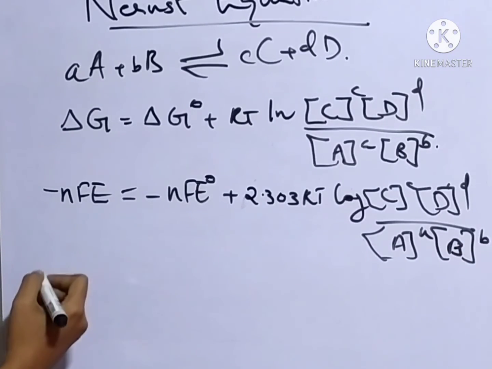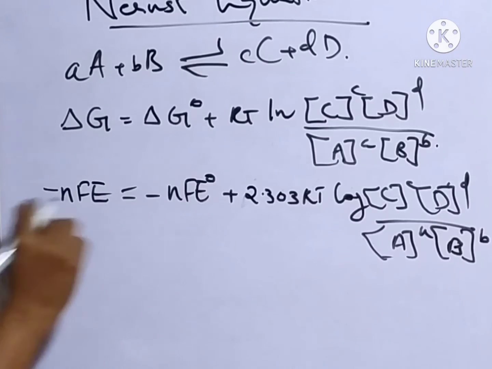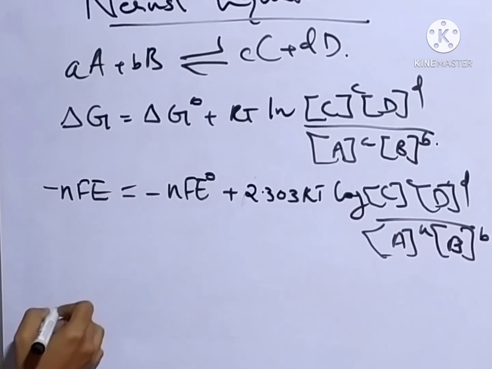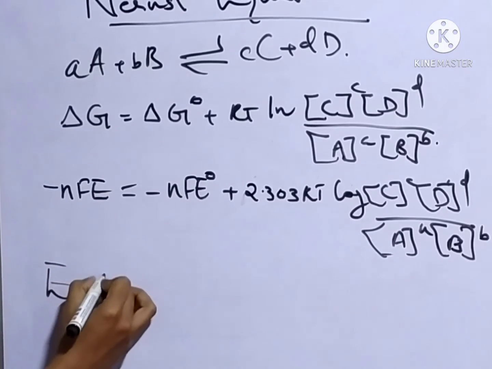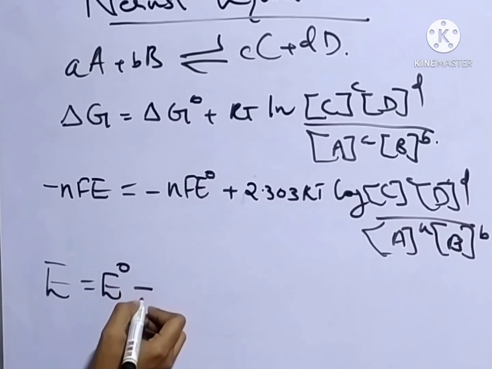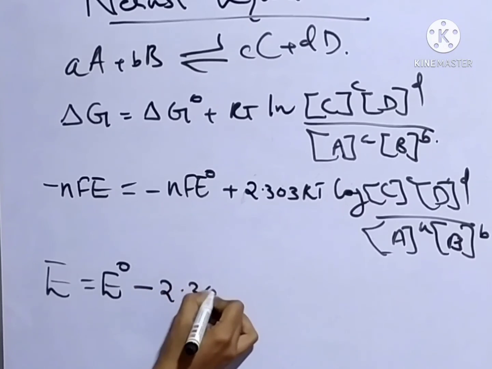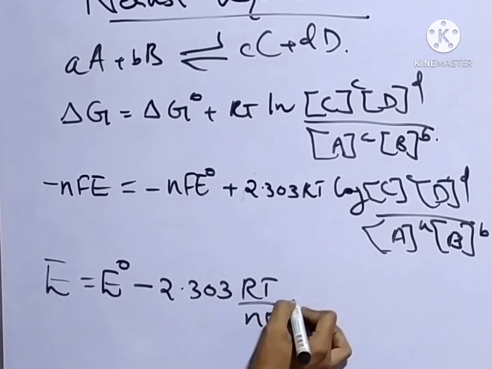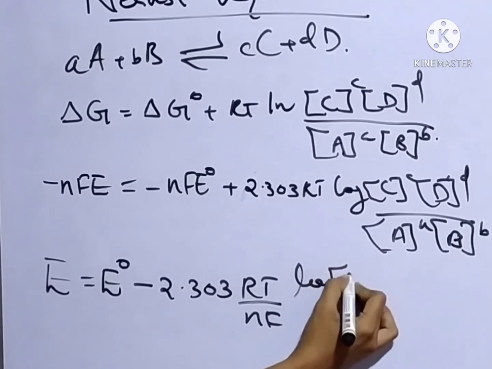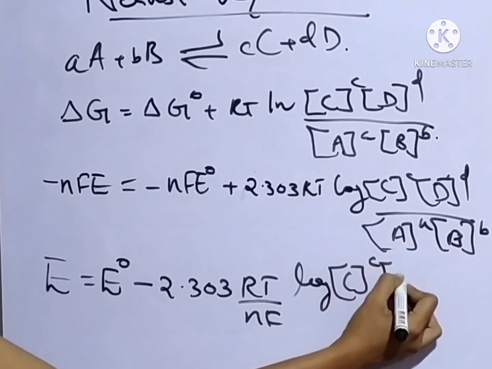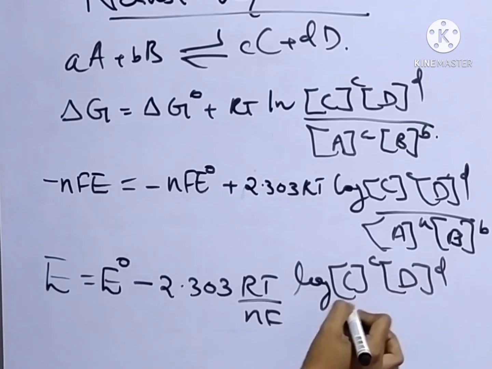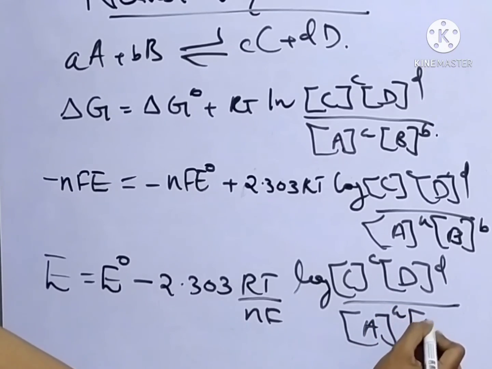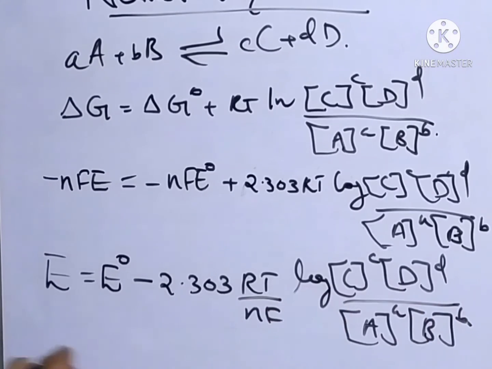Here, if we divide the equation throughout by minus nF, we get E equals E0 minus 2.303 RT divided by nF log concentration of C raised to c into concentration of D raised to d divided by concentration of A raised to a into concentration of B raised to b.